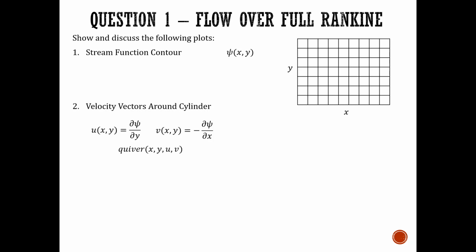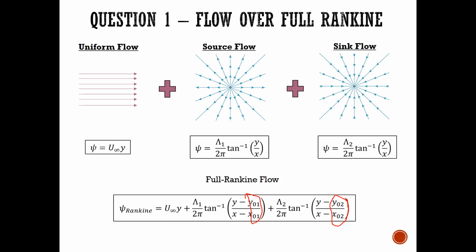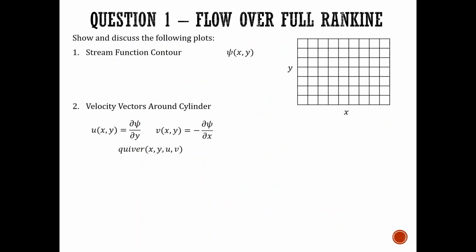Now, a caution. If we go back and look at the stream function equation, at some point the denominators, which are x minus x naught 1 and x minus x naught 2, go to 0, and these values are going to go to infinity. MATLAB doesn't really like that. When it comes to plotting the velocity vectors, when these denominators go to 0, your velocity vector magnitude is going to shoot up by a lot.